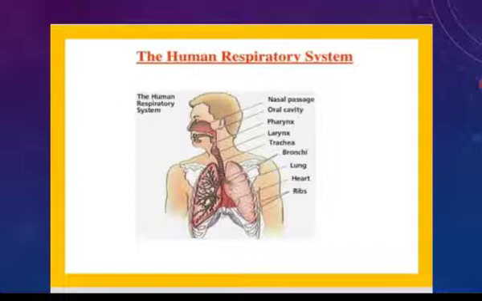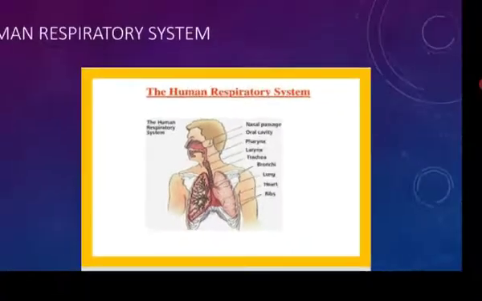The bronchioles also divide into many small parts called alveoli. Now these are the organs of the human respiratory system. Both lungs are surrounded by bones called ribs.